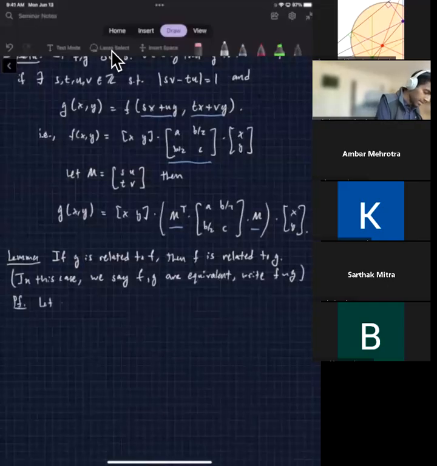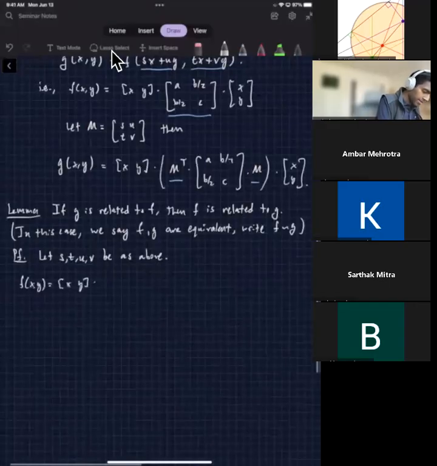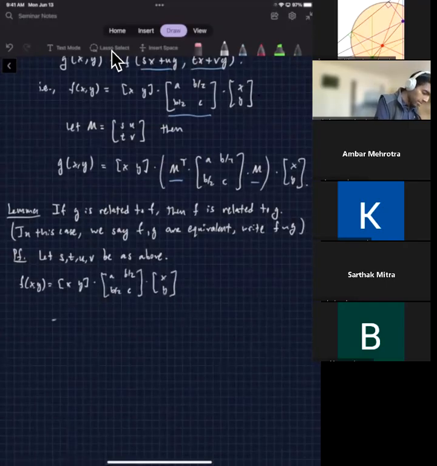So let S, T, U, and V be the integers as in the above definition. Then f of x, y is equal to this matrix factorization. And then we can multiply by 1 in two different ways.